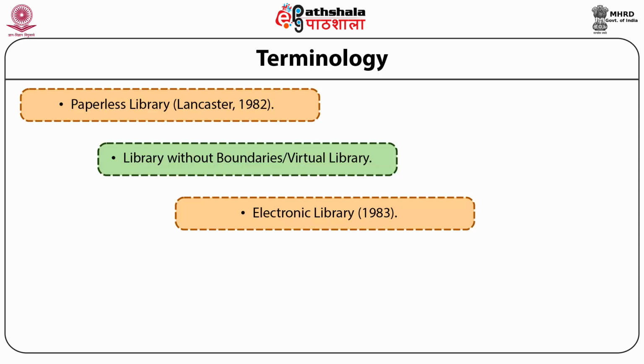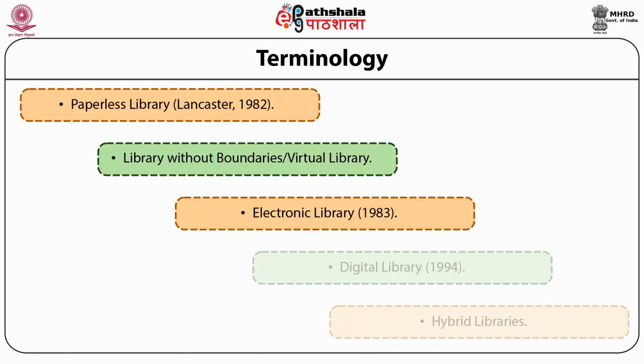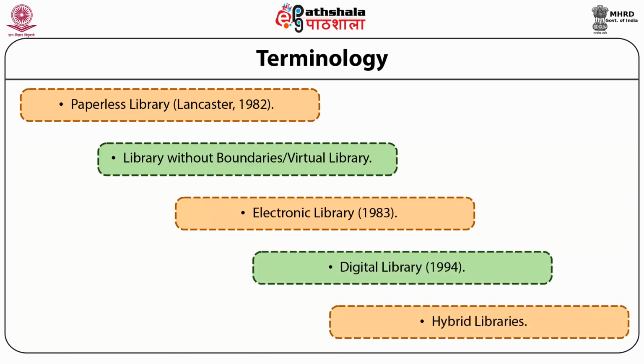The relatively recent use of the term digital library can be traced to digital library initiatives funded by the US National Science Foundation, the Advanced Research Project Agency, and the National Aeronautics and Space Administration, NASA, in the United States in the year 1994.